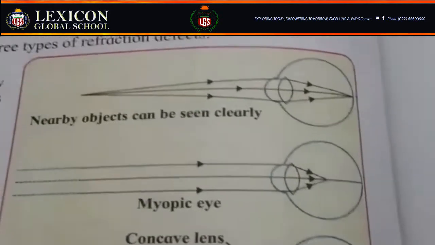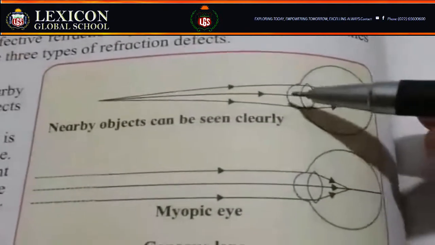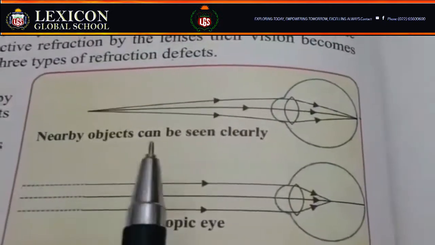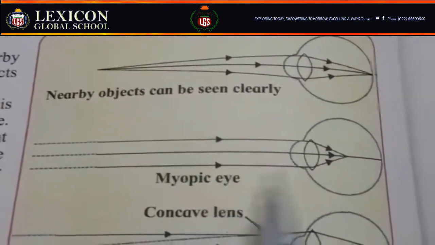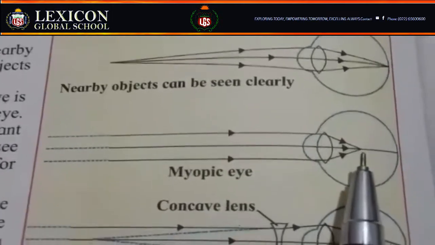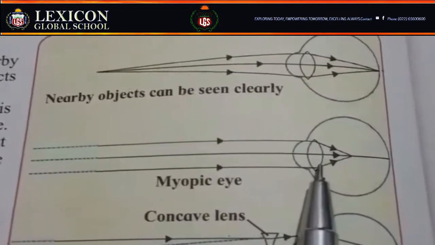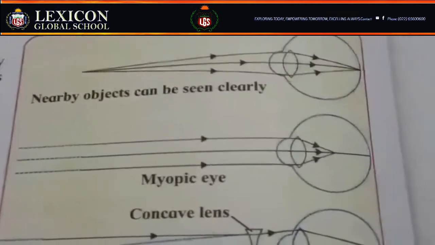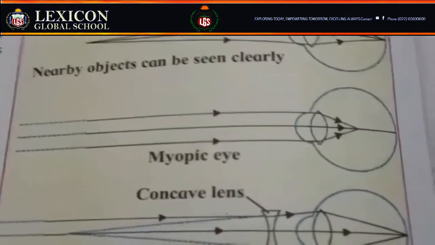So students, you can all see this is our eye, and this is our eye lens. You can see this is a convex lens, which is our eye lens. In a myopic eye, the nearby object can be seen clearly but we are unable to see the distant object clearly.